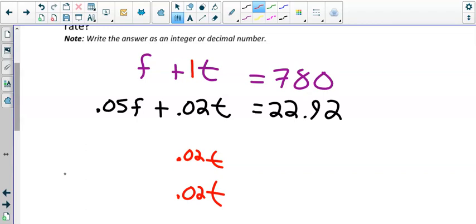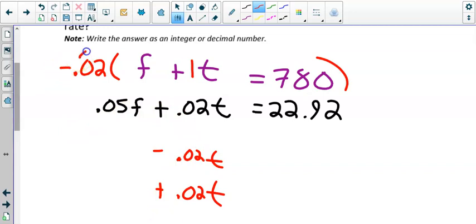Okay, because all I would have to do is multiply this top equation by 0.05. And again, both of these are positive. I need one of them to be negative. Who's going to be my negative? I'm going to make it the top one. So that way, all I have to do is multiply this top equation by a negative 0.02. The bottom equation will just stay the way it is.